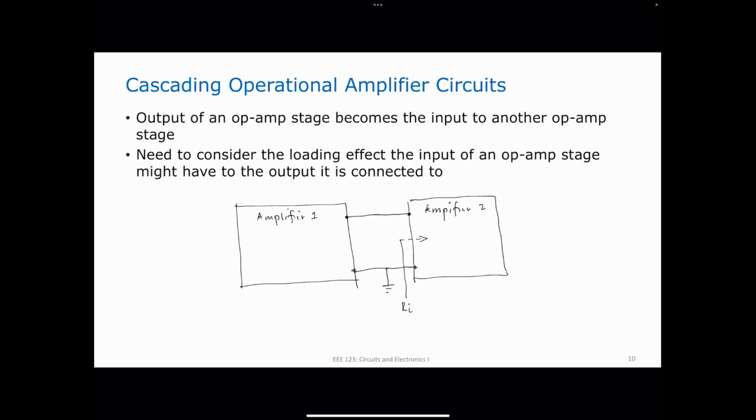And it is possible for Ri to actually have an effect on the output of amplifier 1.